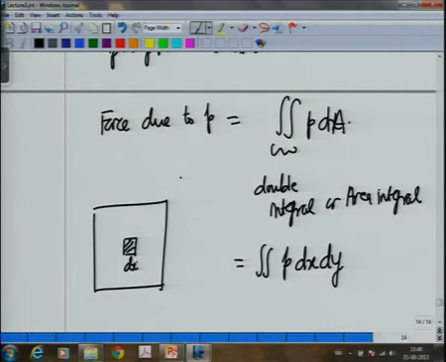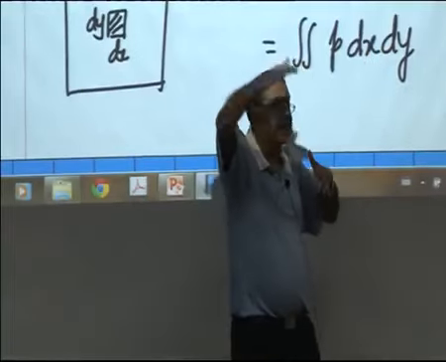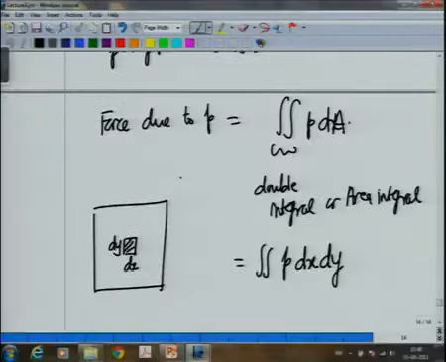That means on the surface where the pressure is acting, I choose a small rectangular element whose dimension is dx along x, dy along y. So, dx dy becomes the area dA multiplied by the pressure acting at that point, that will give me the force, and we integrate this to give us the total force.